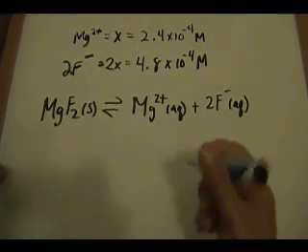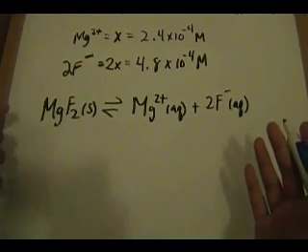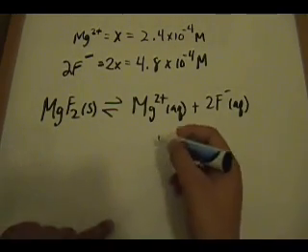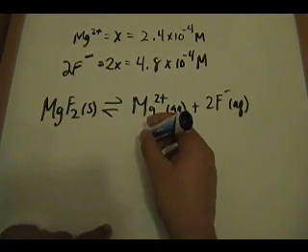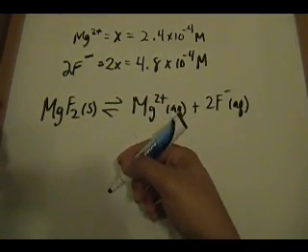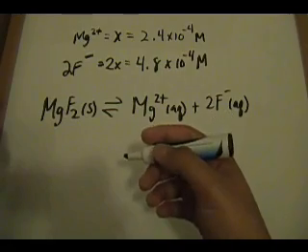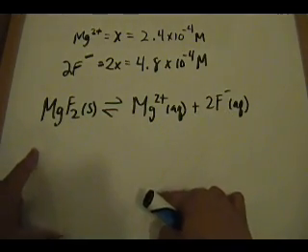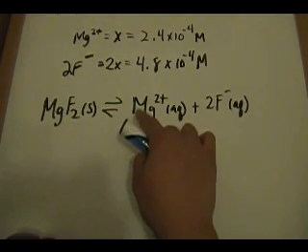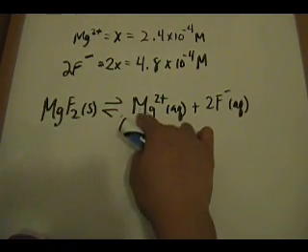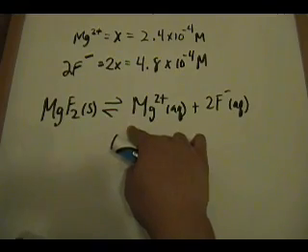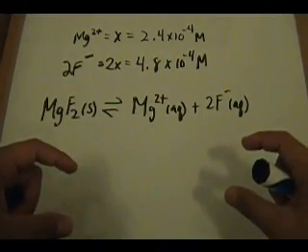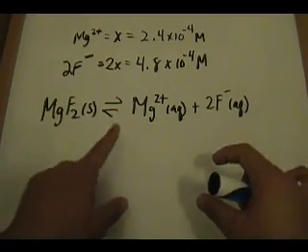Okay, so whenever you're dealing with a molar solubility problem, and it's asking you what is the molar solubility of a certain compound, the molar solubility is always tied to the constituent that has a coefficient of 1 when you're balancing this for stoichiometry, right?